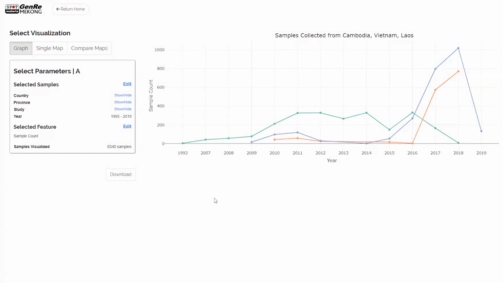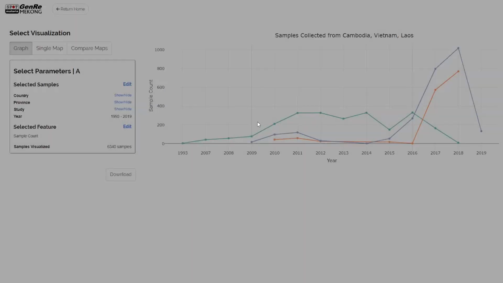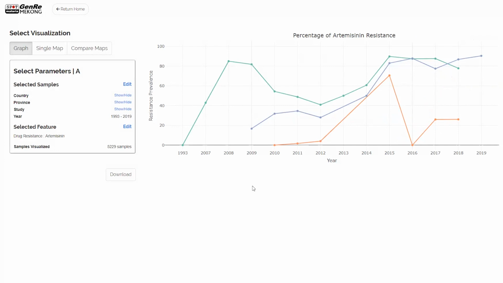So let's now look at, say, artemisinin resistance in these three countries. We can see that artemisinin resistance in these three countries roughly follows a similar trend. As we know, Cambodia was the first country that was detected to have artemisinin resistance.